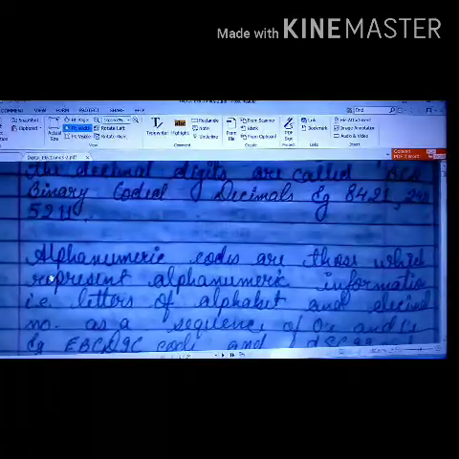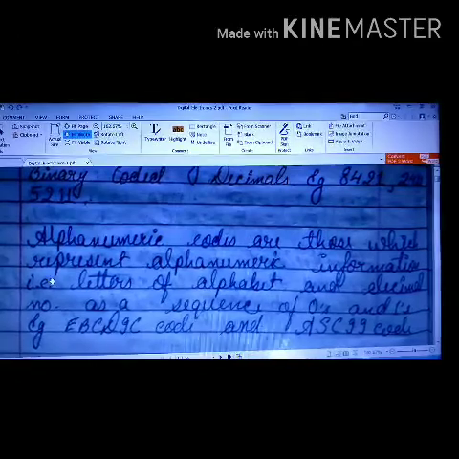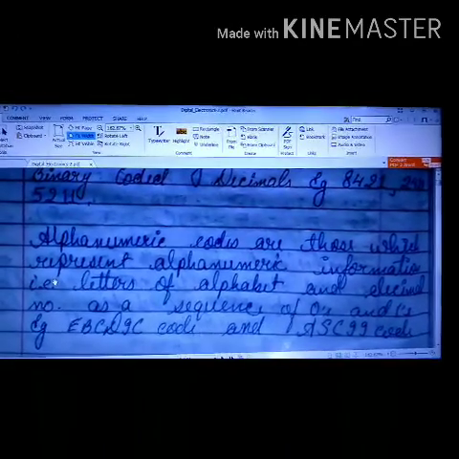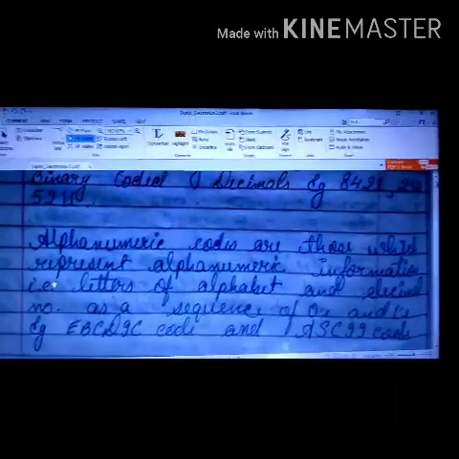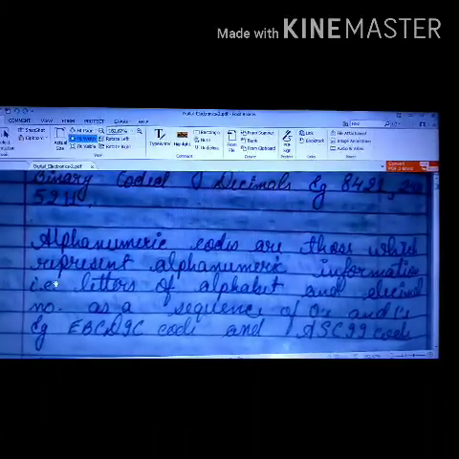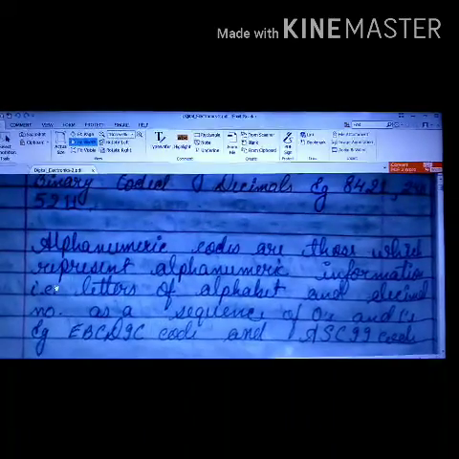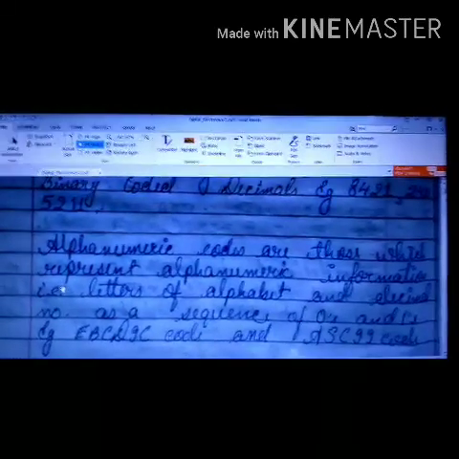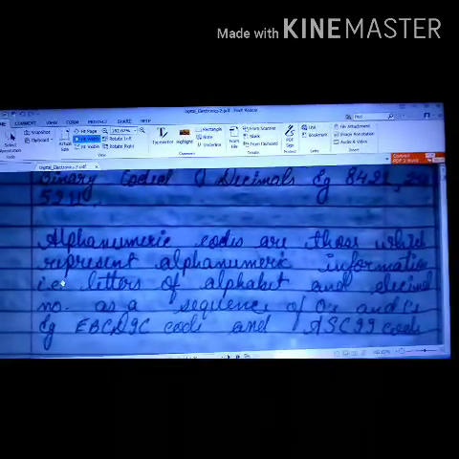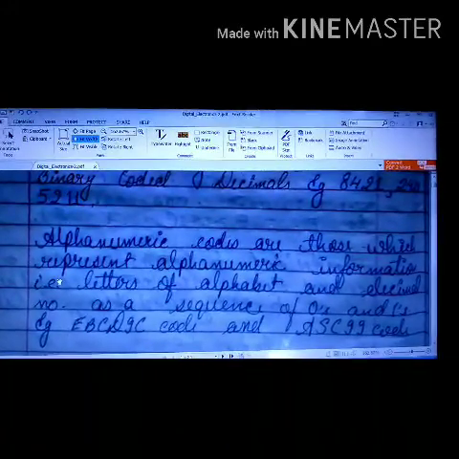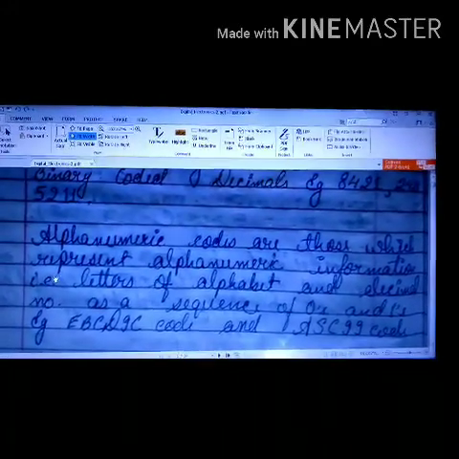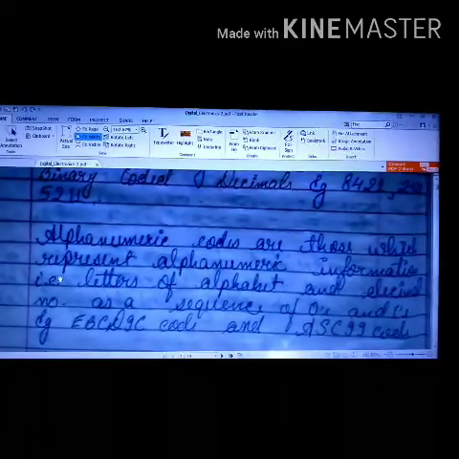Thereafter there are alphanumeric codes. These are specialized codes which are used for representation of alphanumeric information. Alphanumeric means both alphabets as well as decimal numbers in the sequence of zeros and ones. So their representation is also in the form of zeros and ones. However, they will represent every type of information.